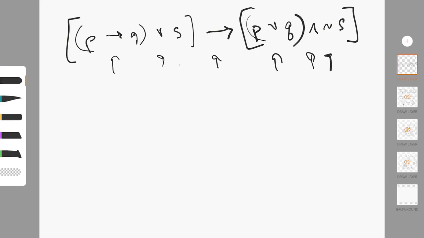So if we do that, what we're going to see is that each one of these operators has a slot, either a slot on the left and a slot on the right for binary operators, or in the case of this negation sign, it has only a slot on the right. And so what we're going to do is look at the jurisdiction of all of these operators and ask which operator has the largest jurisdiction, as it were.